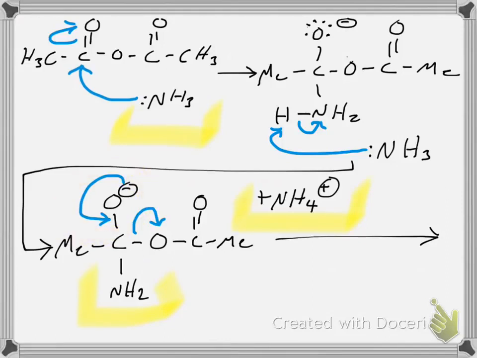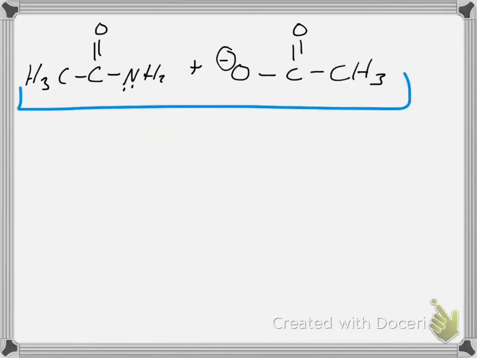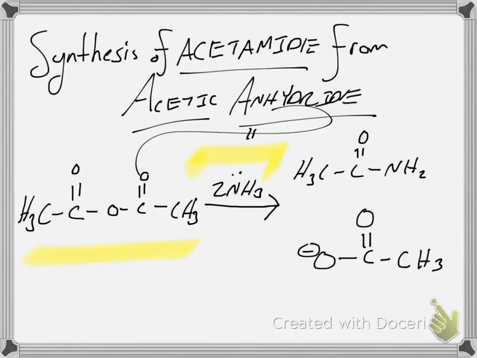Since we did that, we wanted to not make this guy the leaving group because that would defeat the purpose. So we decided to cleave off this entire side of the molecule here, which we did, and that resulted in our acetamide, which we wanted, and our acetate anion. So this was a relatively simple and successful synthesis of acetamide from acetic anhydride.